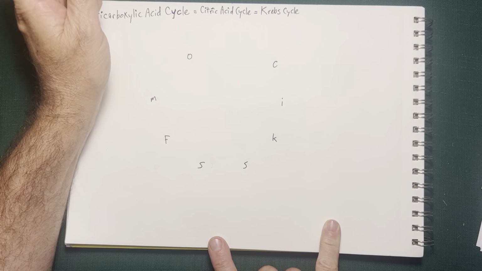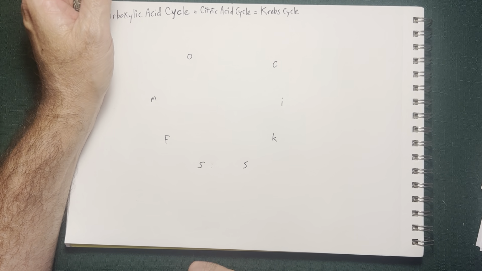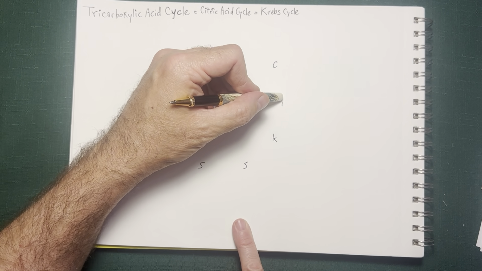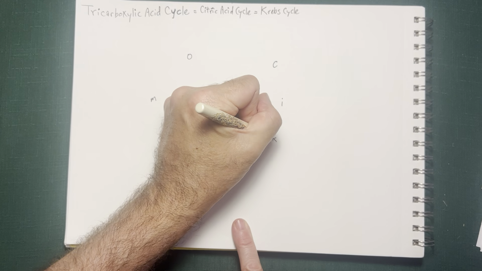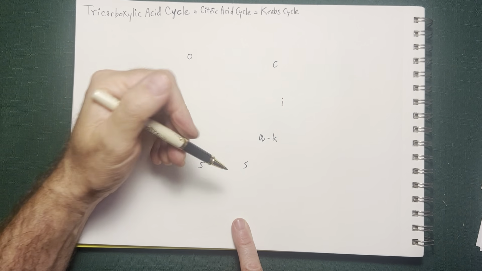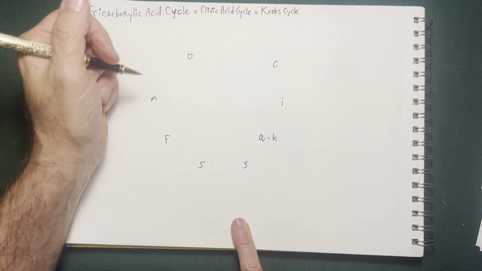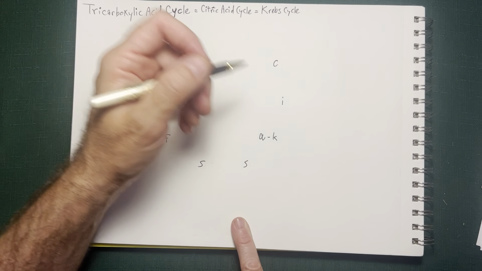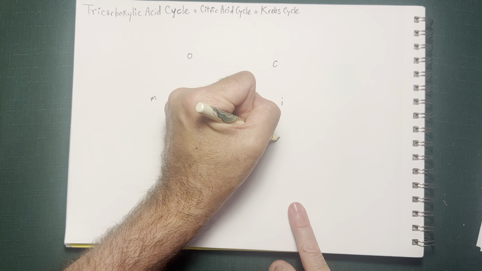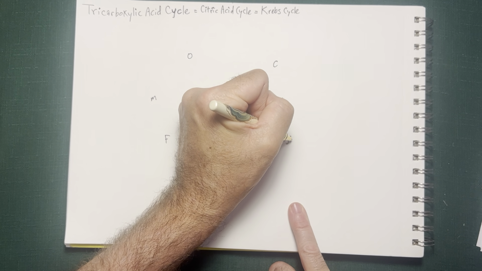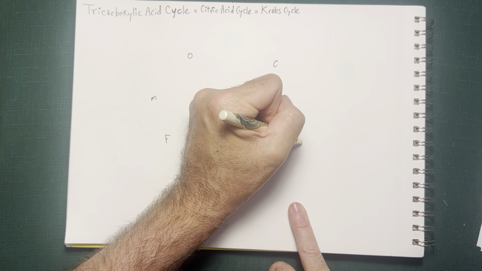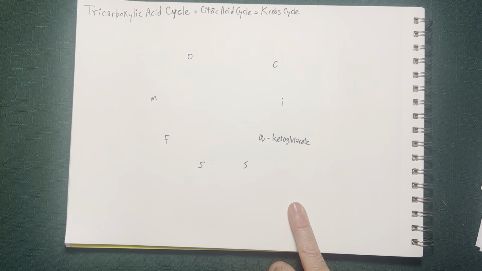Or one that a recent student of mine invented, which I like, is our class is an alpha, ass, forget me. So you can either use the A or the K in alpha ketoglutarate to generate your mnemonic device.